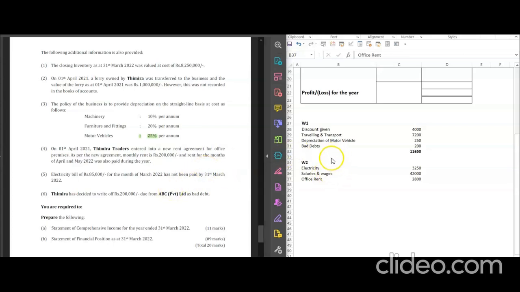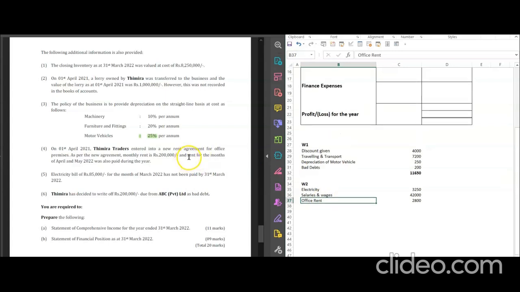It's an accrued expense. Still we have to add it for the month of March, because the electricity expense of 3,250 is added with the 85,000 of accrued expenses. So 3,250 plus 85, the electricity will be 3,335.